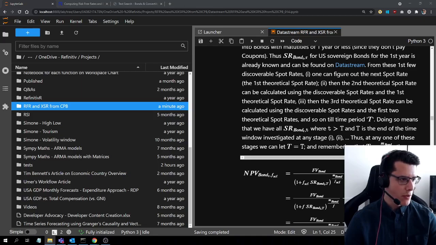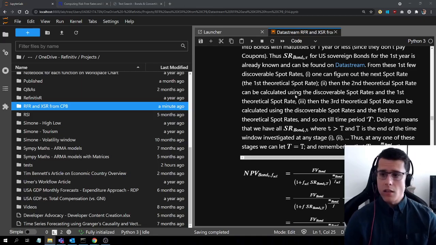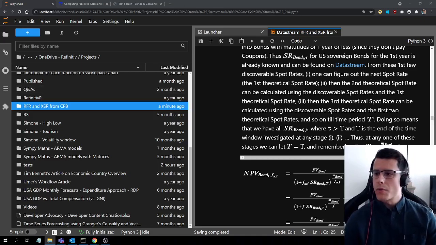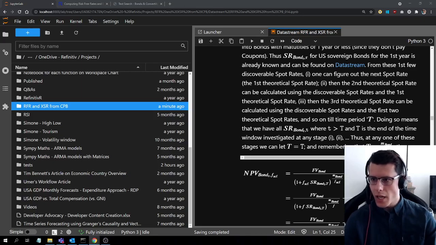So what I'm going to do is I'm just going to put the notebook that you're seeing right now on the Refinitiv GitHub page, but I'm going to put it specifically, there you go, in a repo that already exists. Reason being that I'm not finished with it yet, so I'd rather do that if I can find a way to do it.